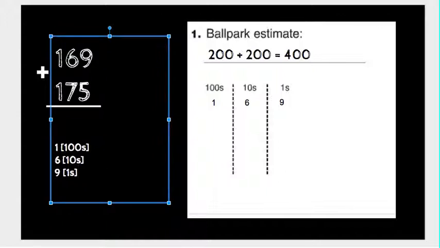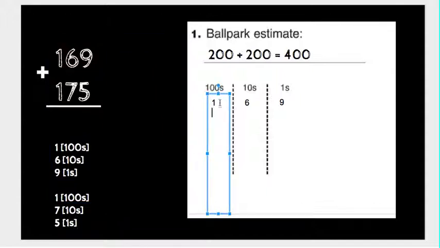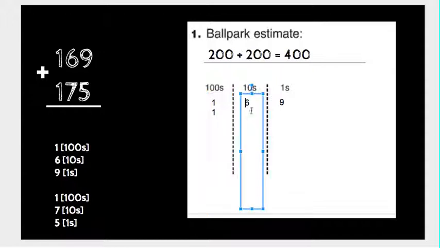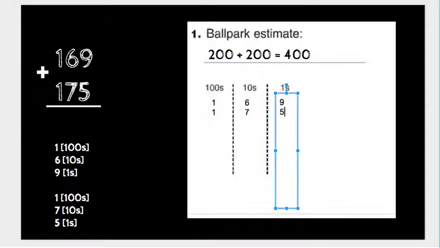In the number 175, we have 1 100s, 7 10s, and 5 1s. So over here again, I'm going to write 1 100s, 7 10s, and 5 1s.